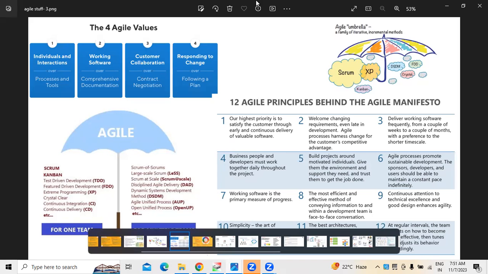But Kanban and the other processes will be used in a different way, because Kanban and all these processes are used in the lean process, especially people who are working on the manufacturing side will know it well. For example, in the manufacturing sector, production of a product will happen in different stages, right?